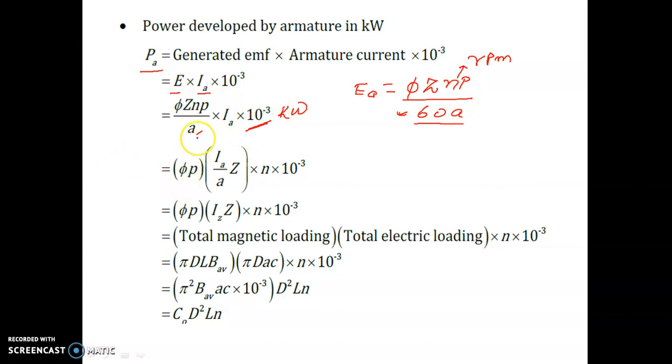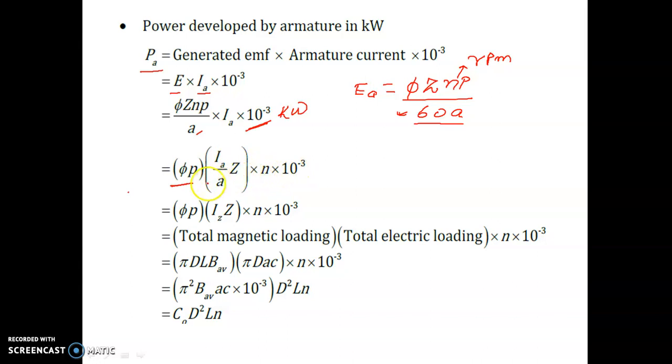Now phi into P is taken one side, phi, this flux, and P is taken outside. Then Z into Ia is multiplied, A is the number of parallel paths divided here, and that is separated out.